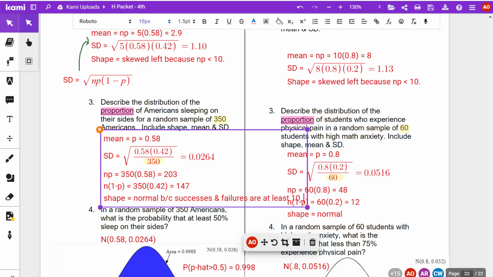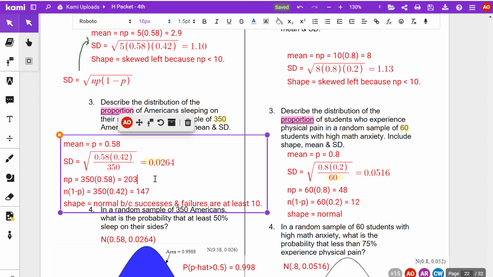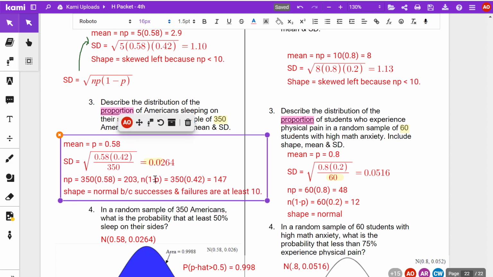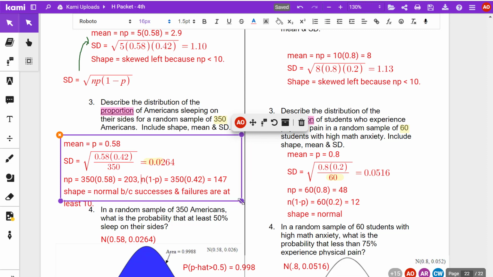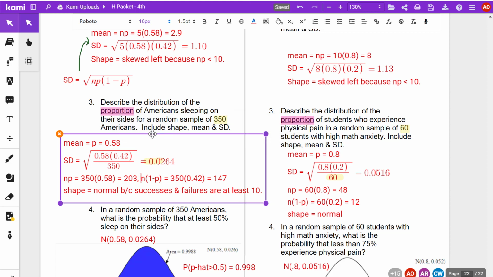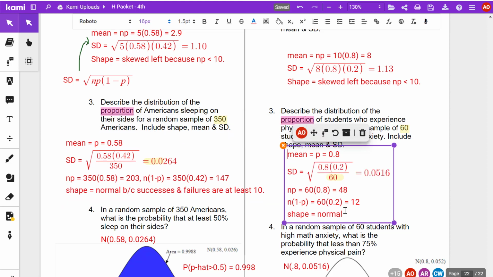You're probably going, Mrs. Overman, you're running out of room. I know, I see it. You know what, I'm going to do this. There we go, that should all fit in the same problem, roughly. Close enough. Because both are at least 10.